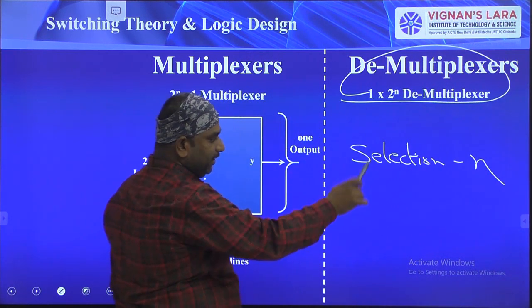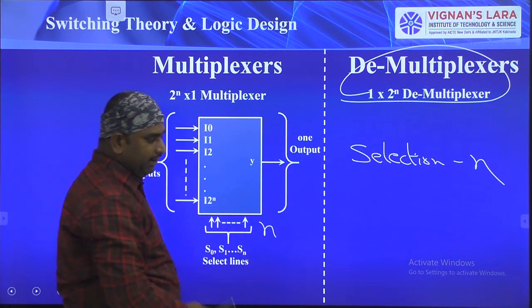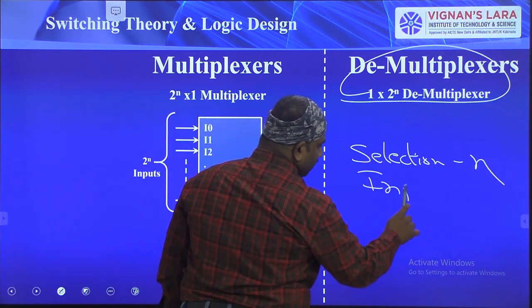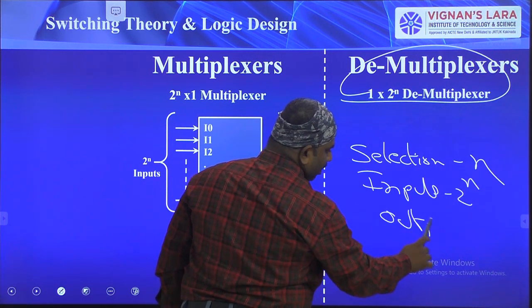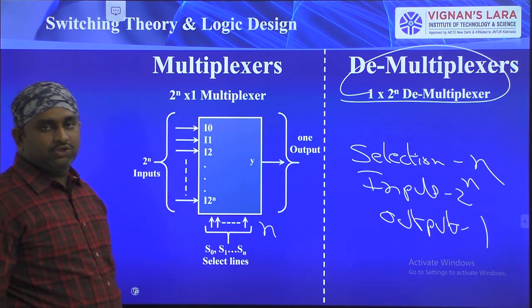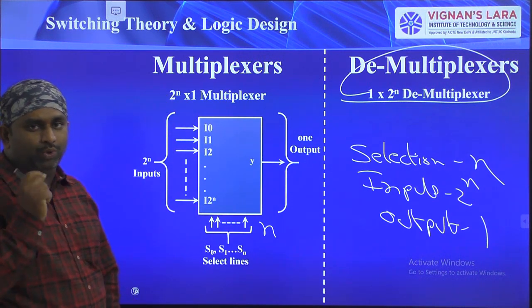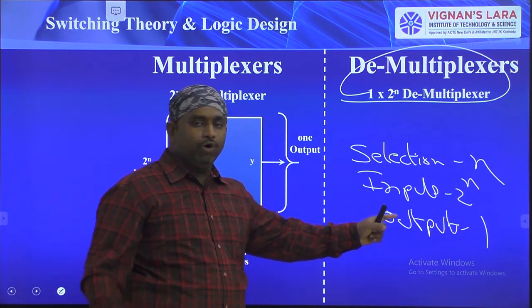Forget about demultiplexers. Now I am explaining the concept of the multiplexer. Selection lines are n, inputs are 2 power n, and outputs are only 1. For example, if n is equal to 1, inputs are 2 and output is 1.